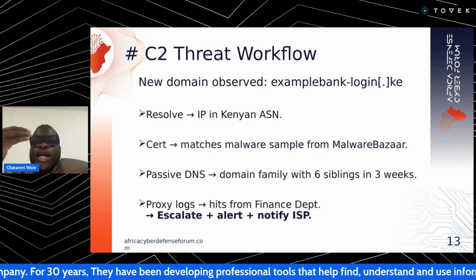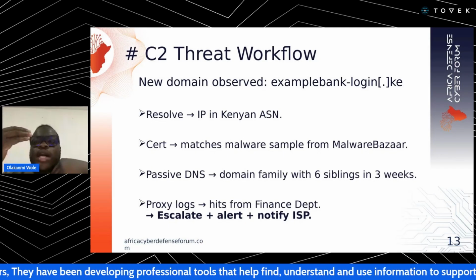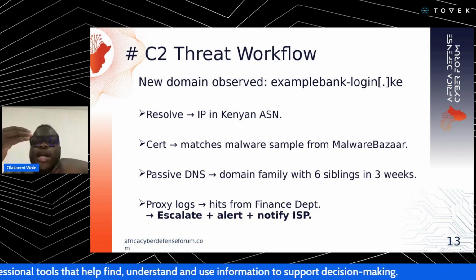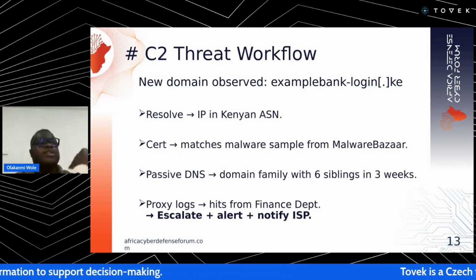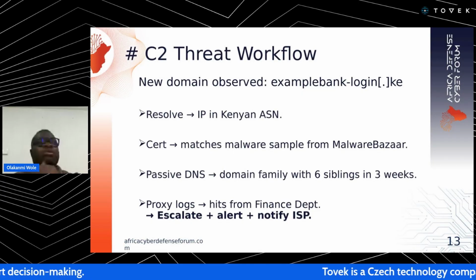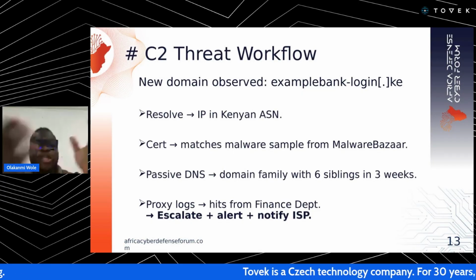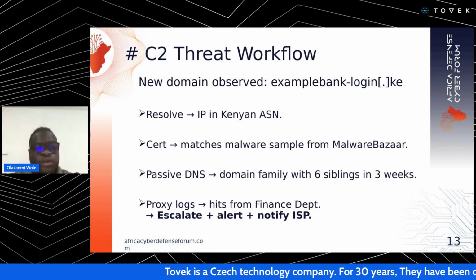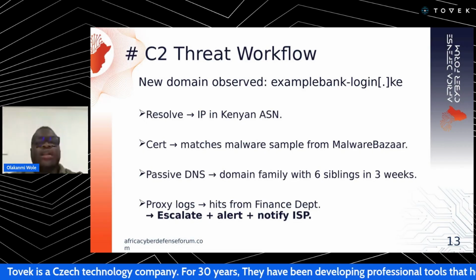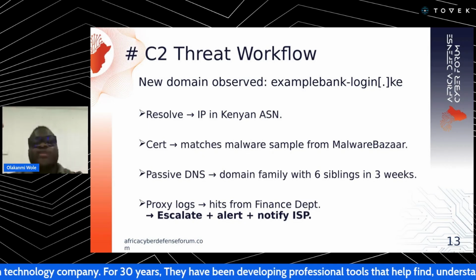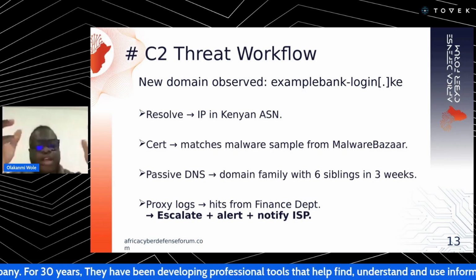Then it's very easy to say that look, this is definitely a malicious activity, or this is a malicious infrastructure. Then you can ask, is it running impersonation? Is it hosting a C2? Because now we've seen a malware certificate on it. Then we can start looking out for other C2-related behaviors, like fast flux and things like that.